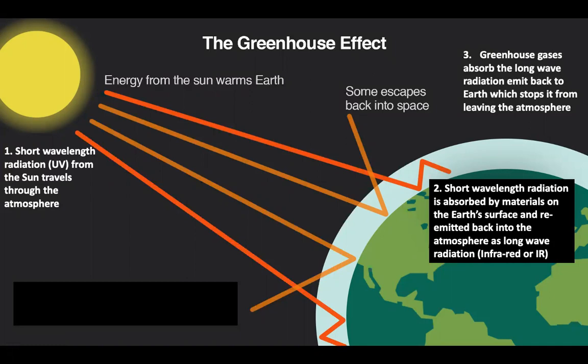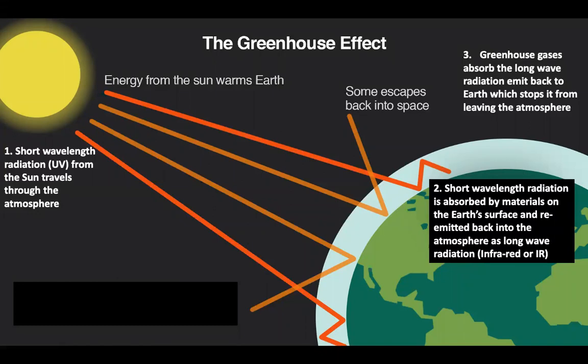So if you just don't touch your face, you shouldn't do that during a pandemic anyway, but if you hold your hands just maybe a centimeter from your skin, you should feel heat radiating off your body. That is IR radiation.